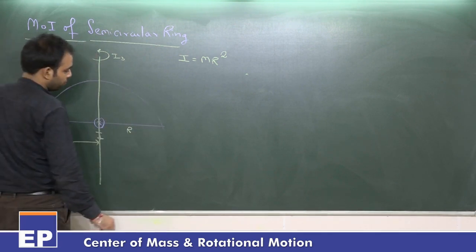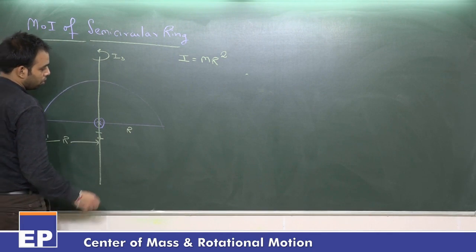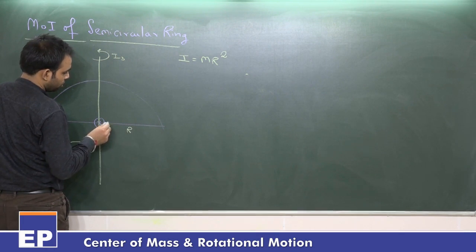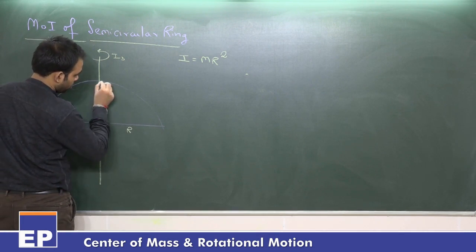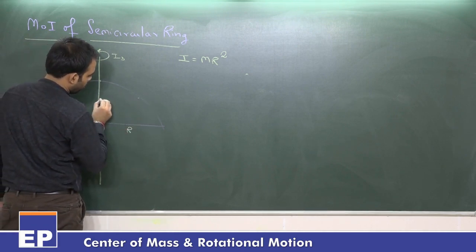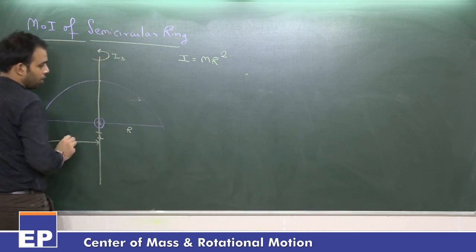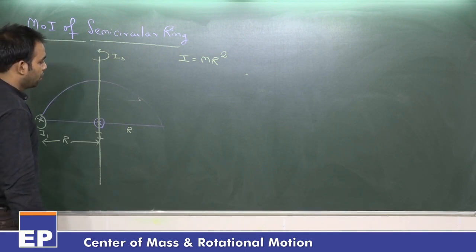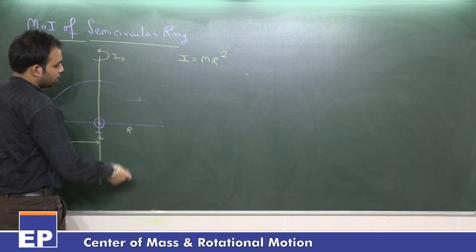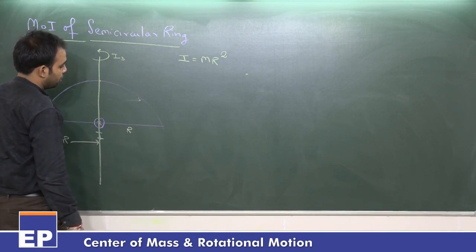So we can say this is small m. If I take it at x distance, I can say it is m into dm into x square, and the distance is changing continuously from 0 to r.